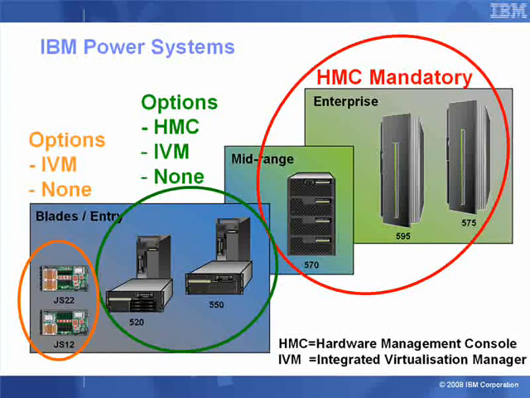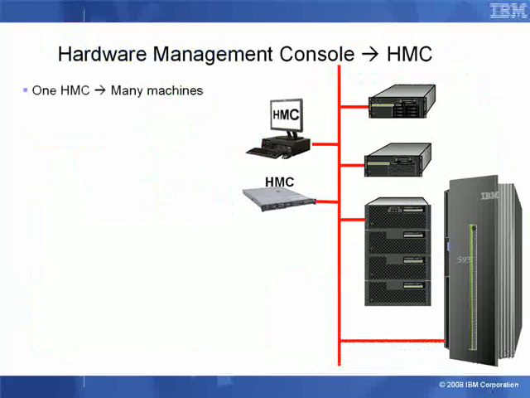For the blades, we have the options of either IVM or no virtualization, so we just run the 2 or 4 CPUs as a single machine. The entry machines can also run in this mode. The HMC is purchased from IBM as a single-purpose dedicated appliance.